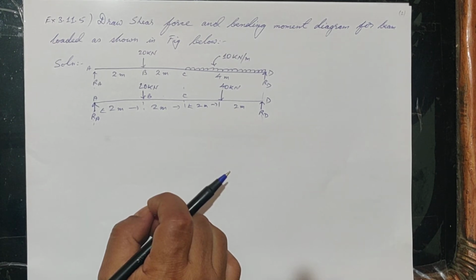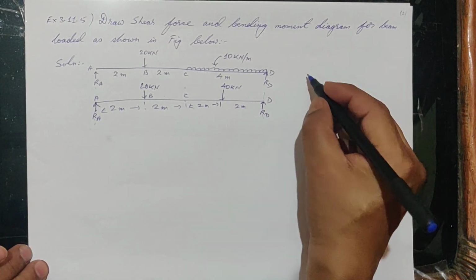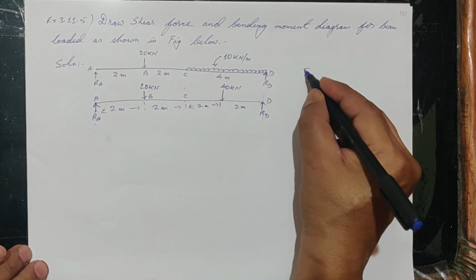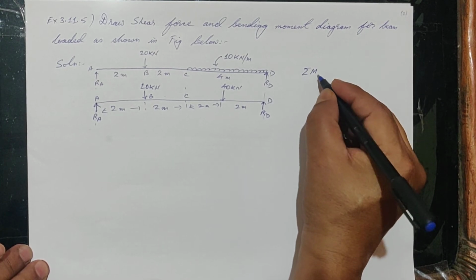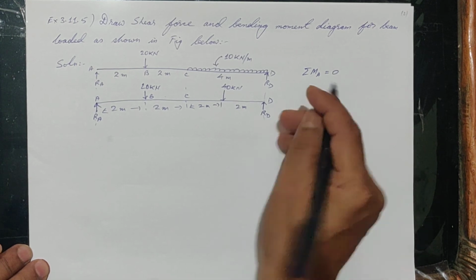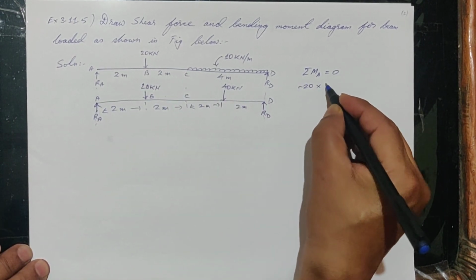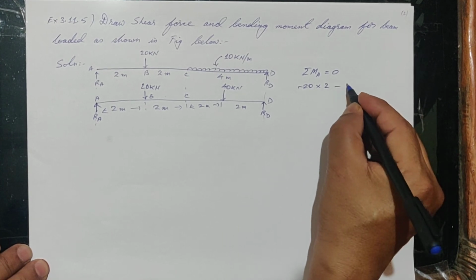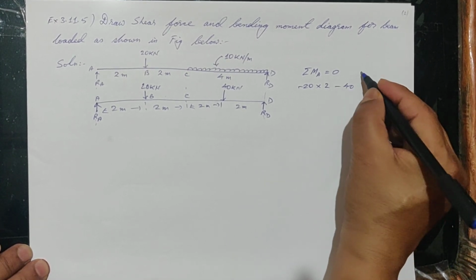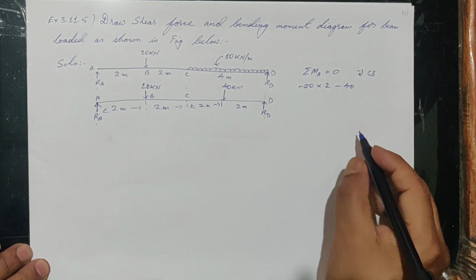Now, what we will do is, we will take moment about A is equal to 0. That is 20 minus 20 multiplied by 2 minus 40. Here also what we are doing is, this is negative and this we are taking as positive.